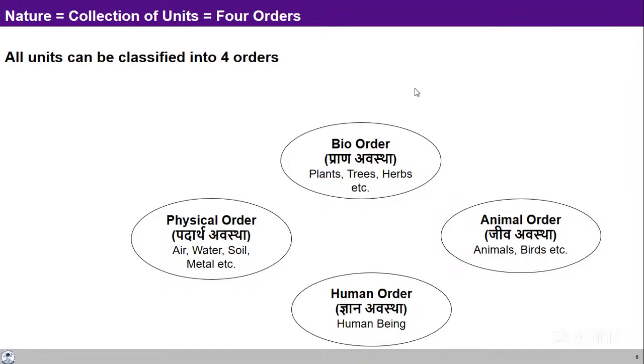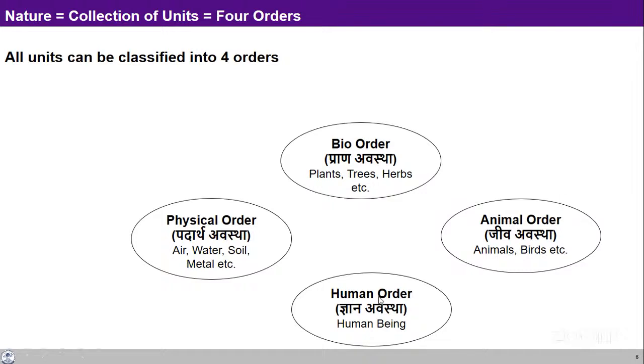So the animal order shows the presence of self. Self is there in the animal order. Respiration is there, growth is there, but along with these two, assuming is also there. The presence of self is also there in the animal order. But what about the human order?